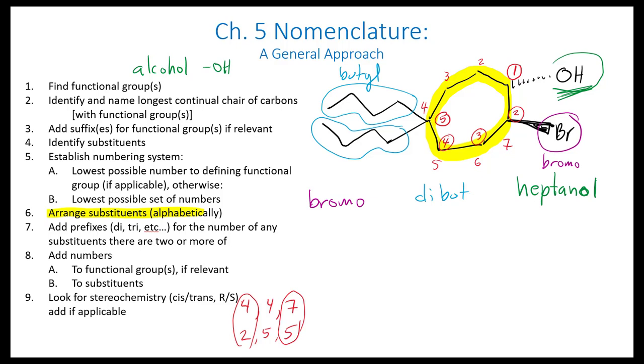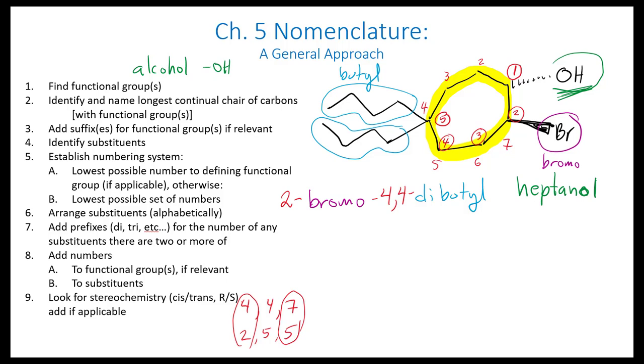We would add prefixes, specifically the di to the butyl. And then we want to add our numbers in. So the bromo is at the number 2, and the butyls are both at the number 4. And again, we write the number 4 twice, even though in this case, if you just put 1 4, it would be clear. We're just following the procedure.